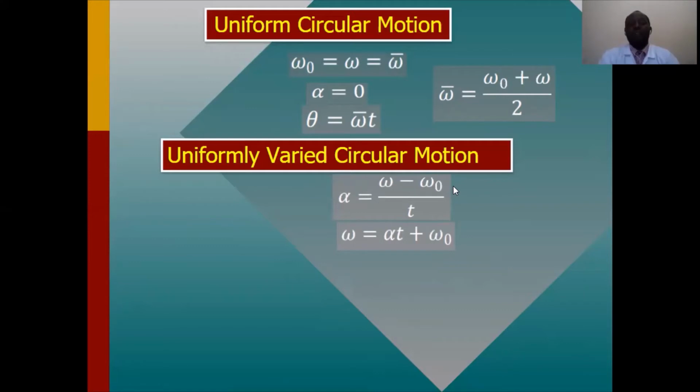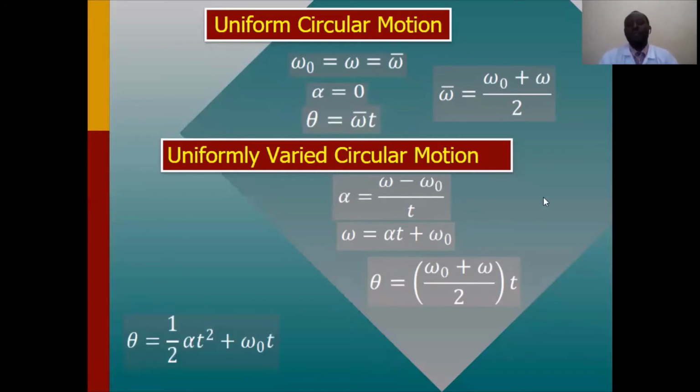The final angular velocity will be obtained from this definition of angular acceleration. The final angular velocity is the product of angular acceleration times time plus the initial angular velocity. And the angular position theta is equivalent to the average angular velocity times t. From this formula, we have two more formulas.